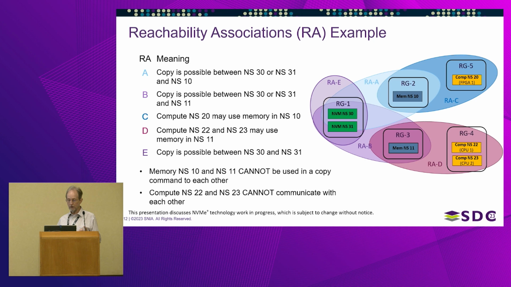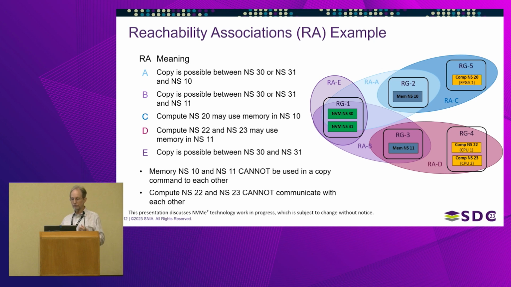Next, reachability association B, which is down towards the bottom left of this diagram. This says that a copy is possible between namespace 30 or namespace 31, which are NVM namespaces, and memory namespace 11. Same concept as reachability association A. Reachability association C takes the data that's in memory namespace 10 and says that compute namespace 20 is able to use that.